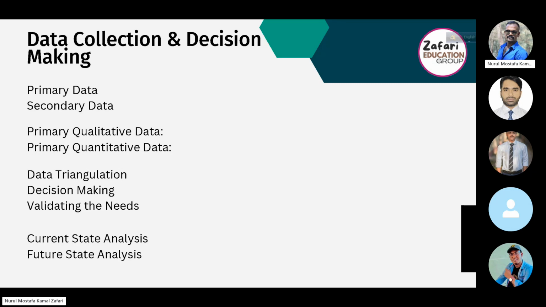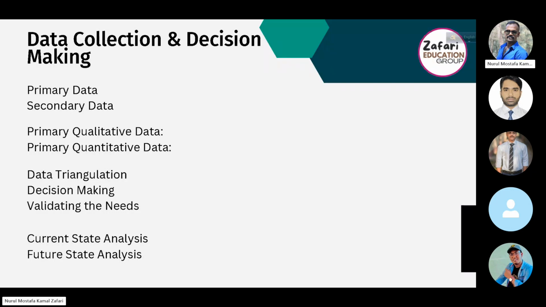We know that data is of two types in terms of sources, primary data and secondary data. And in terms of data type, there are two types, qualitative and quantitative. Qualitative data means descriptive data, and quantitative data means data that we can get from the field numerically.